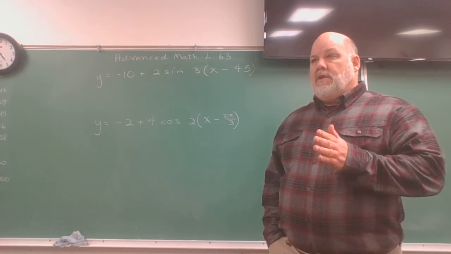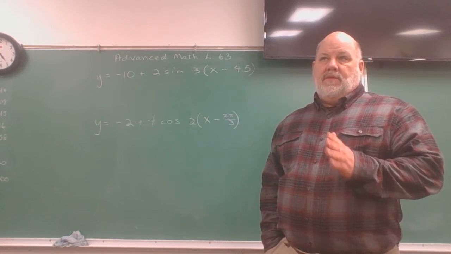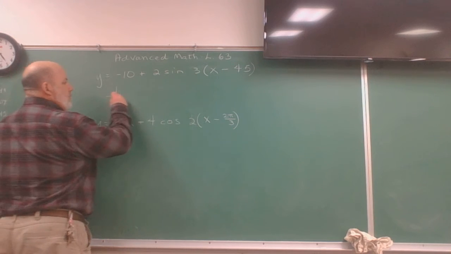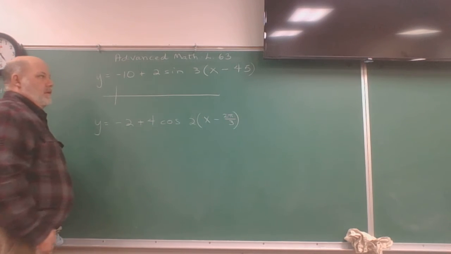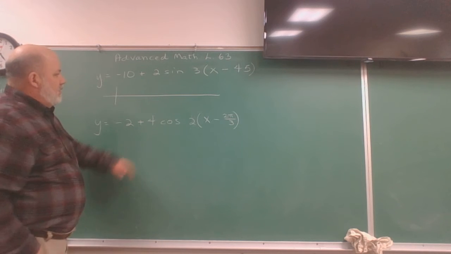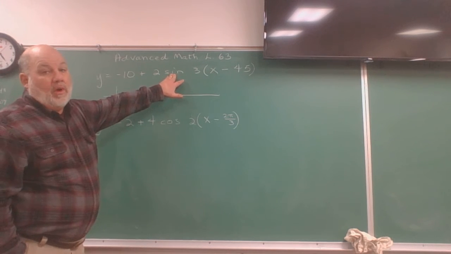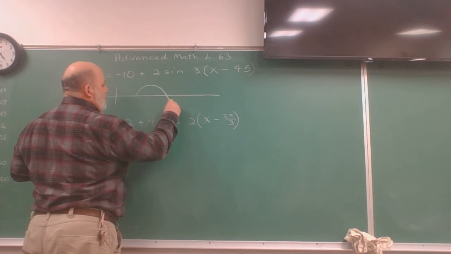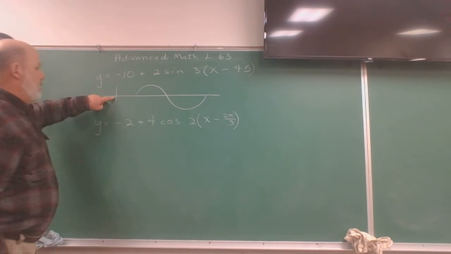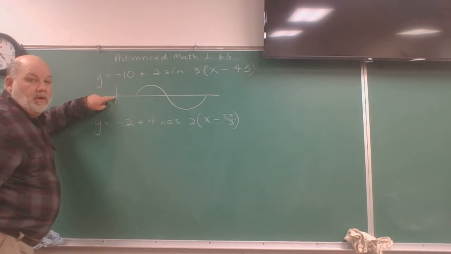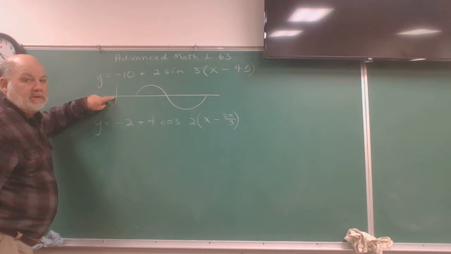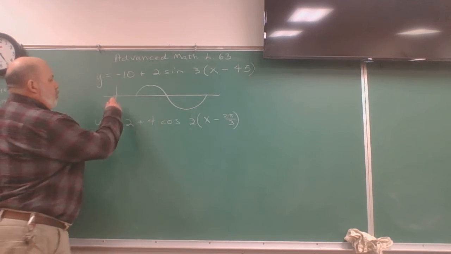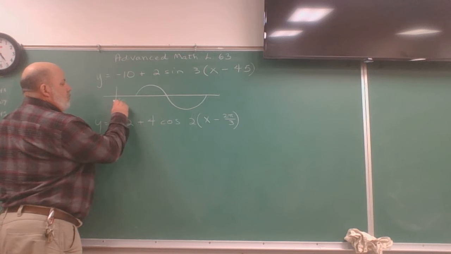The first thing you want to do with this is draw yourself a number line. And the fact that this says you're doing a sine wave means you draw yourself a sine wave. Now you notice I did not start it where the x and y axis cross, namely because this point right here is not point 0, 0.